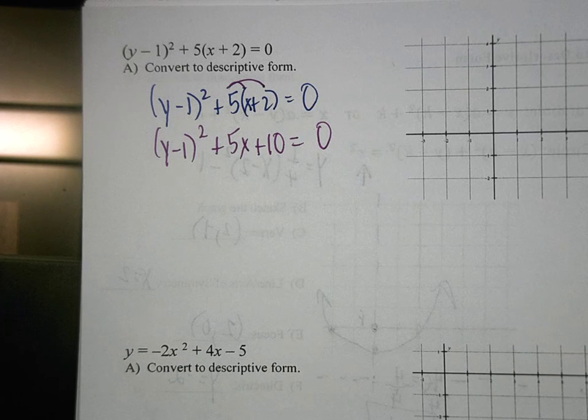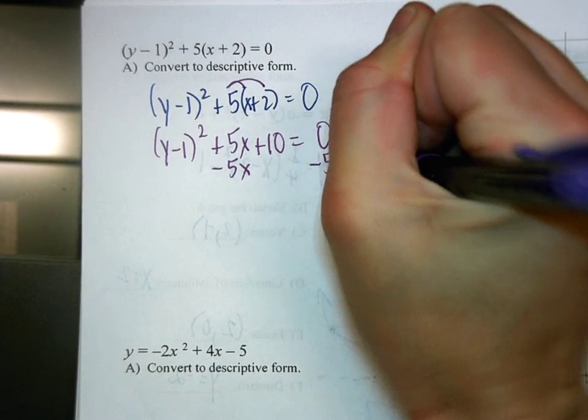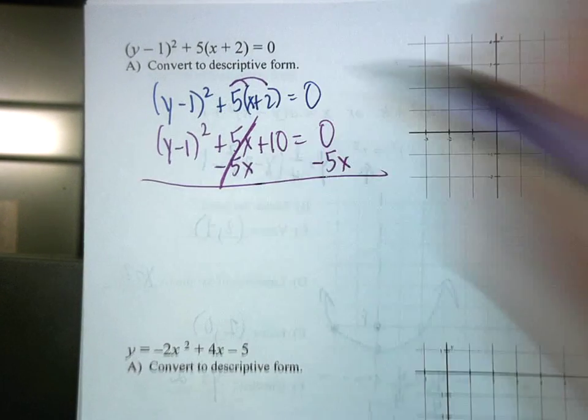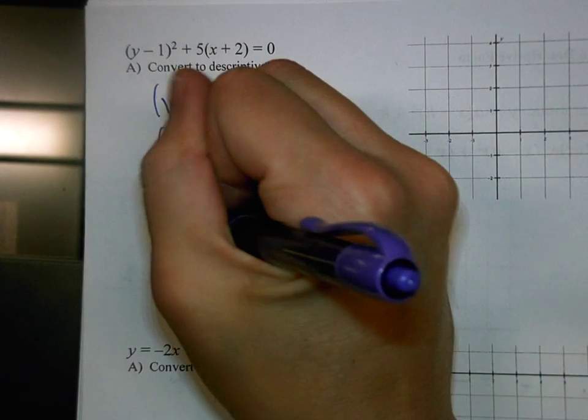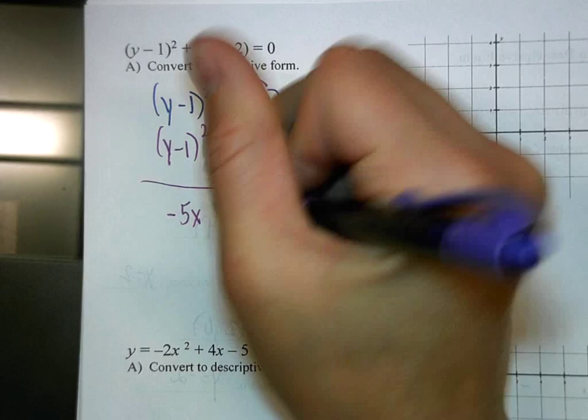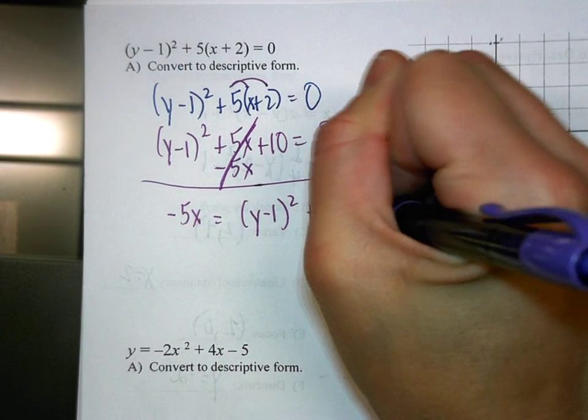We want to get the x by itself. So what should I do? Okay, good. Subtract 5x. So this cancels. And I'm going to flip this around. Is that okay? So this will be written as negative 5x equals y minus 1 squared plus 10.